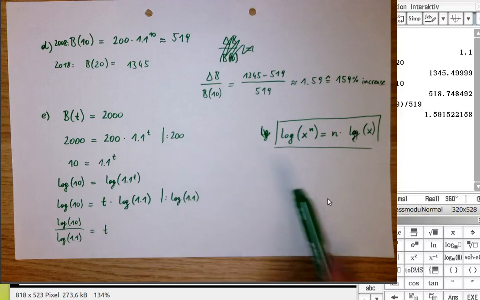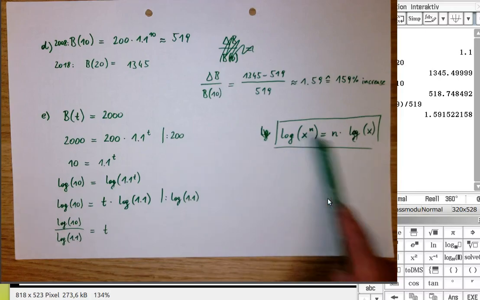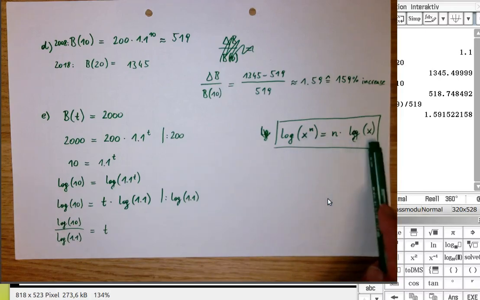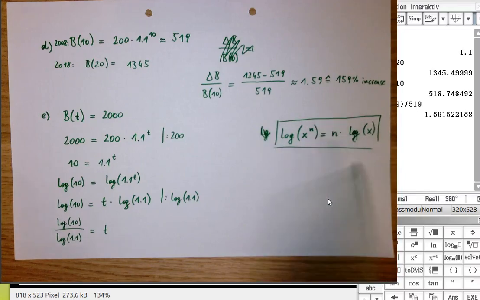So the rule was logarithm of x to the power n equals n times the logarithm of x. This is the rule that we applied. It actually doesn't matter which logarithm you take, because the base of the logarithm doesn't matter. Any logarithm will yield the same result if you apply it like this.